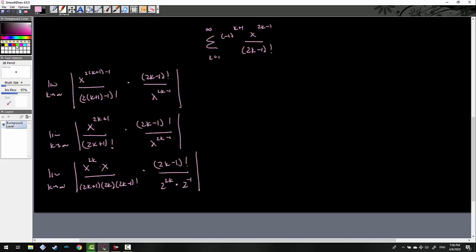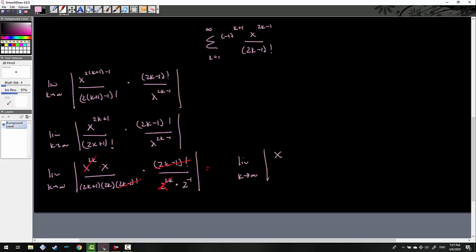So what's going to get out of here? Goodbye to the 2k minus 1 factorials. I don't know why I put a 2 right there. That's supposed to be an x, but it doesn't matter because it's gone anyway. And after all that mumbo-jumbo is canceled out, I end up with the limit as k goes to infinity of x.